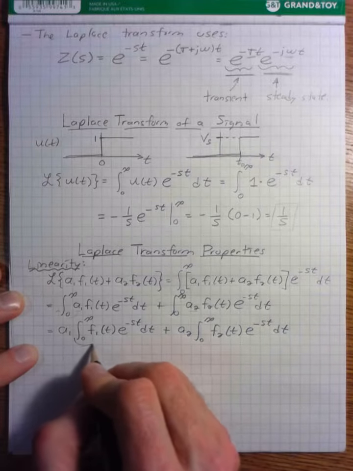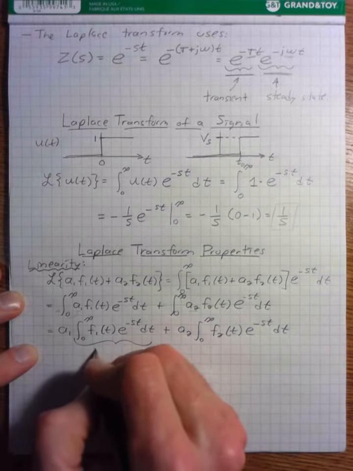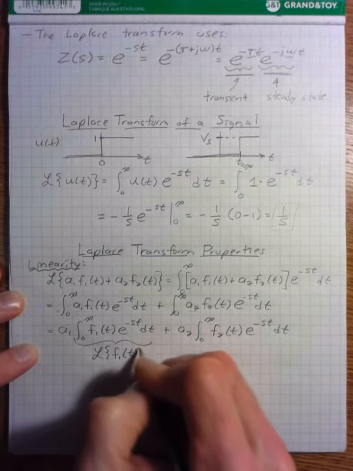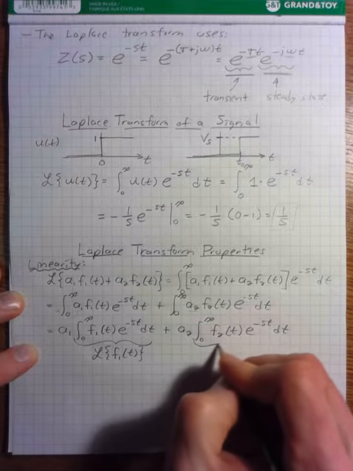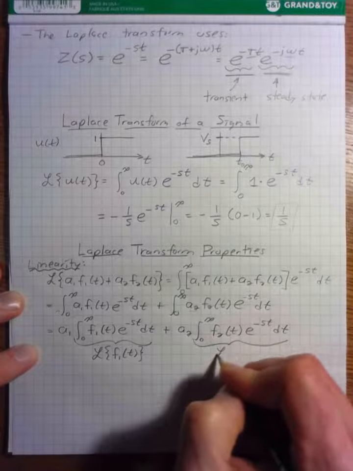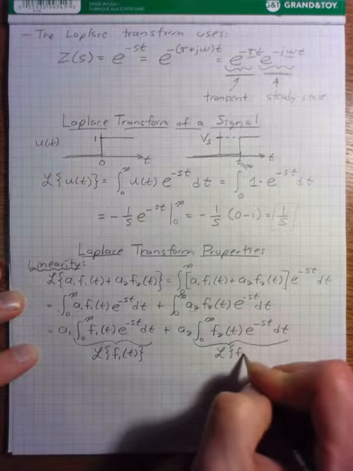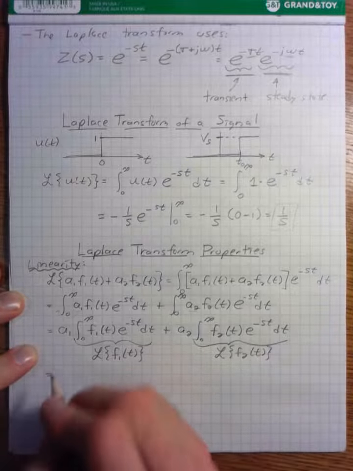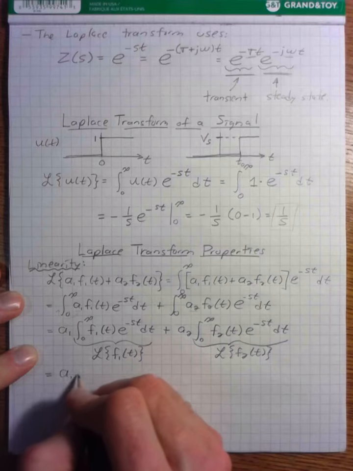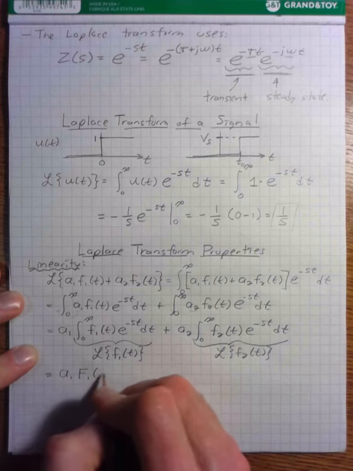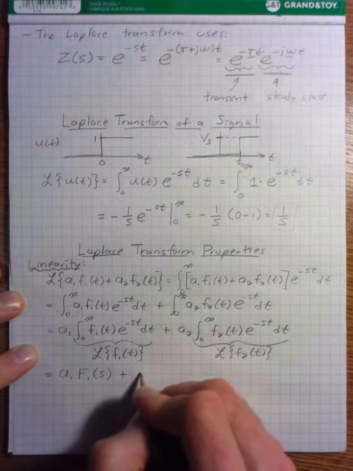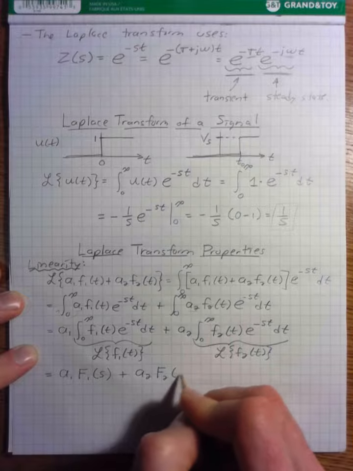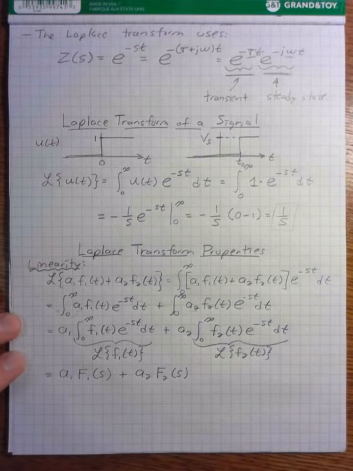But of course, this integral is just the Laplace transform of f1 of t, and this integral is just the Laplace transform of f2 of t. And so this expression is just equal to a1 times the Laplace transform of f1 plus a2 times the Laplace transform of f2. And so we've established linearity.